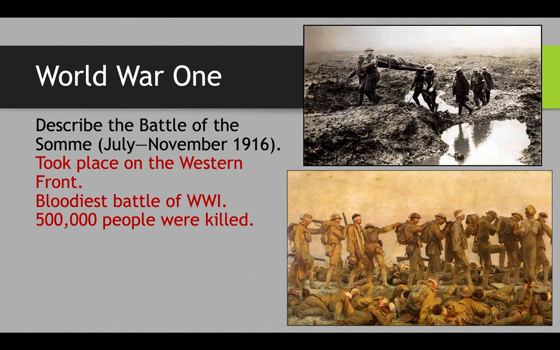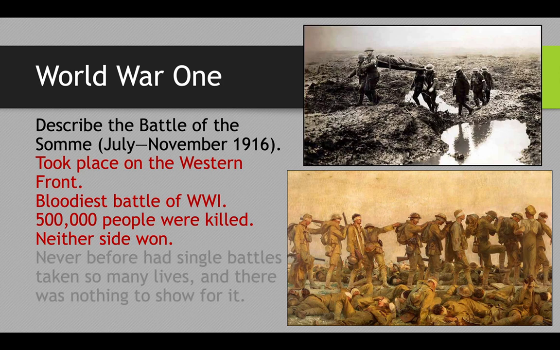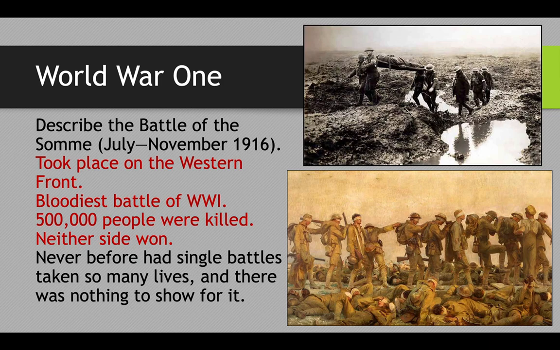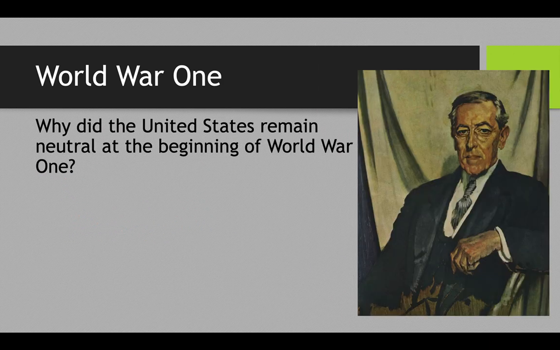Not until World War II would battle casualties exceed that number. About 500,000 people were killed in this catastrophe. And one thing that's shocking here is that neither side won. Neither side decisively won this battle. Never before had single battles taken so many lives when there was literally nothing to show for it.